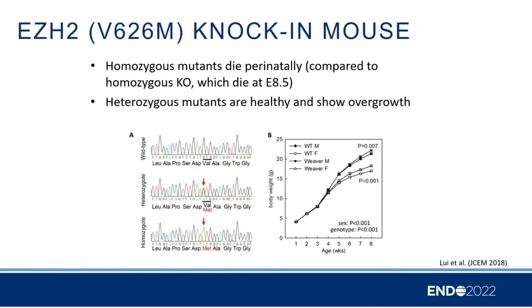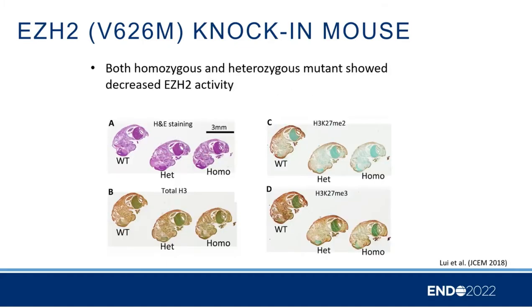We confirm this using a knock-in mouse that contains the EZH2 mutation in our patient. We generated a mouse; the homozygous is lethal, but the heterozygous mouse is healthy and even shows some overgrowth. But importantly, the mouse allows us to look at EZH2 activity in vivo.